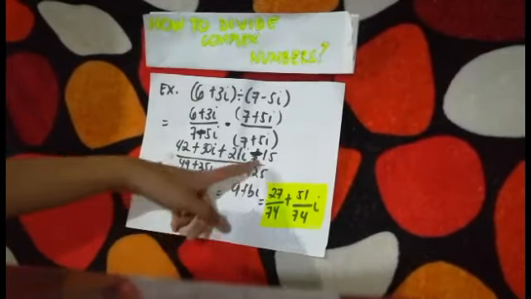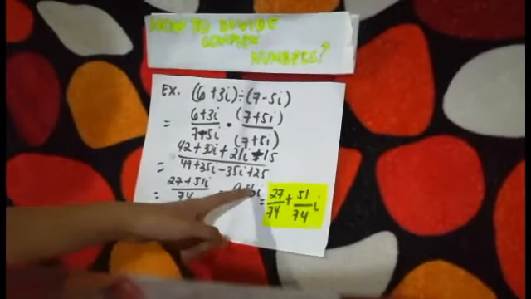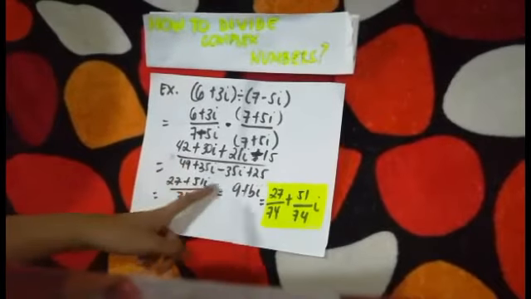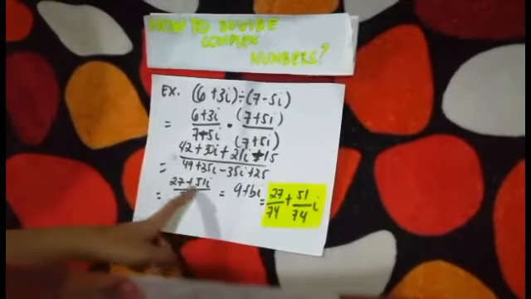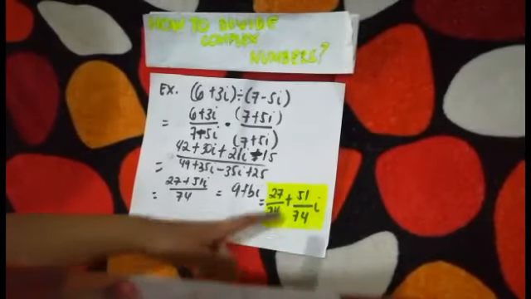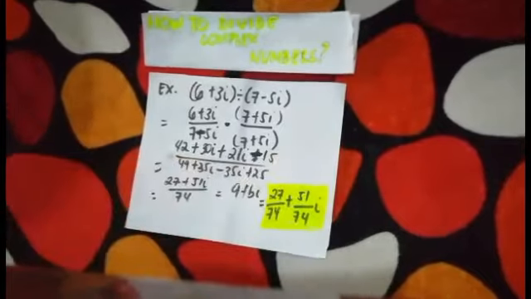Then 49 plus 25 equals 74. Then we should apply the complex form, which is a plus bi: 27 over 74 plus 51 over 74i. So we have a real number and an imaginary number.